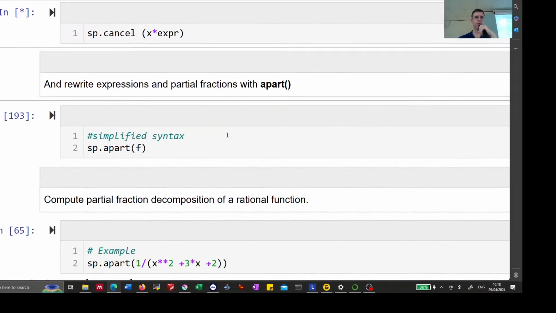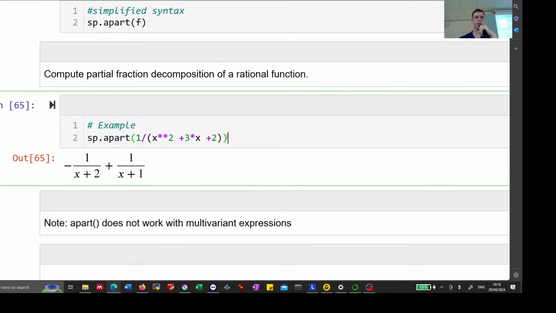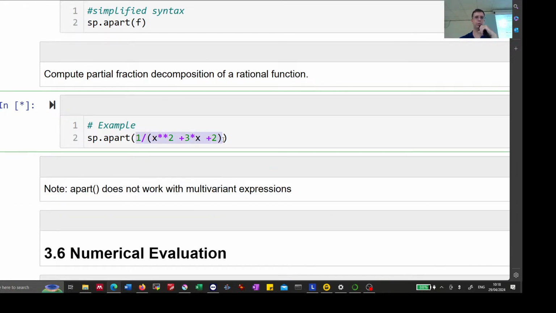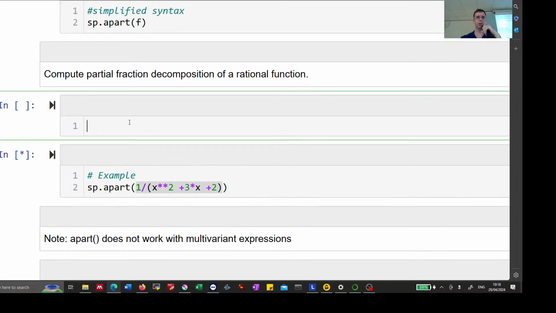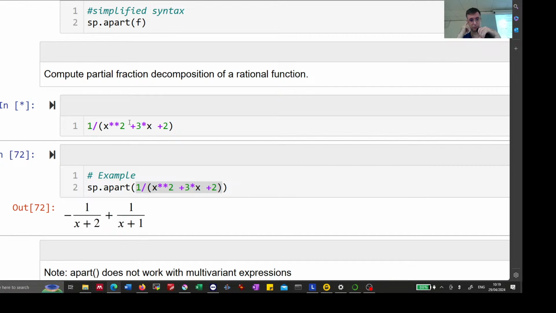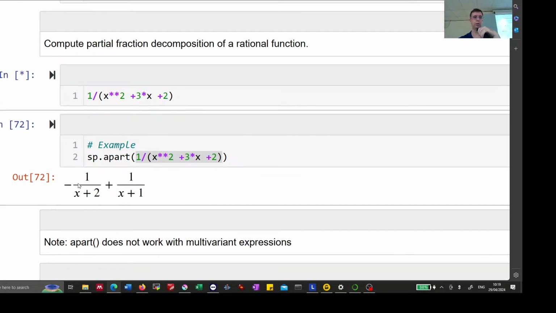So we go here again. We go to our example. We actually can look a bit closer into our example, just see what it is written out, and then compare to the apart result. So this is apart.